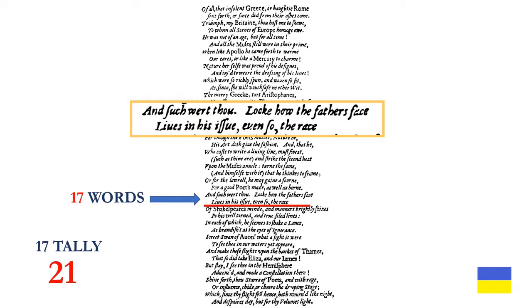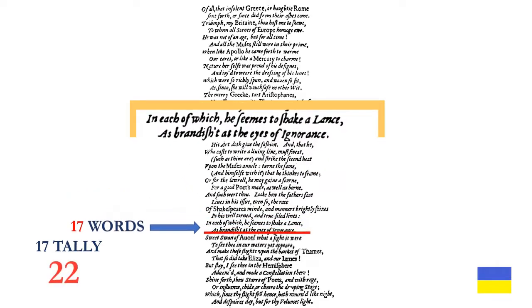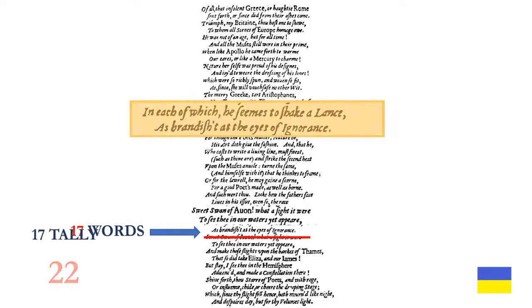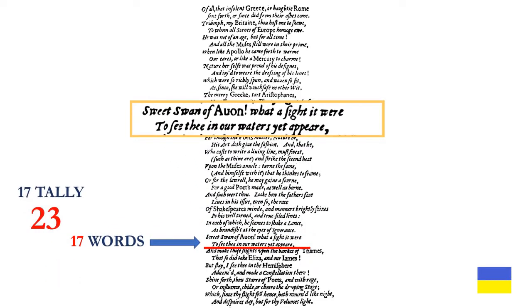And such wert thou. Look how the Father's face lives in his issue, even so the race. In each of which he seems to shake a lance, as brandished at the eyes of ignorance. Sweet swan of Avon, what a sight it were to see thee in our waters yet appear.